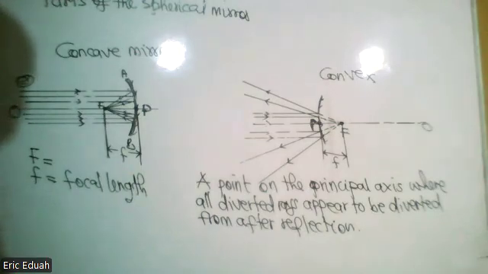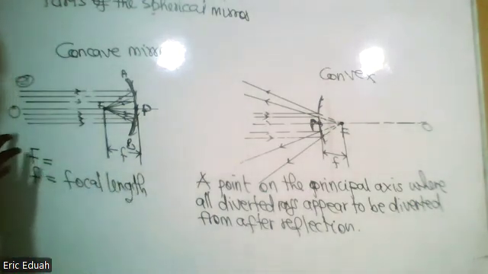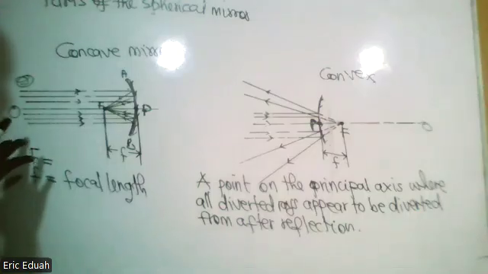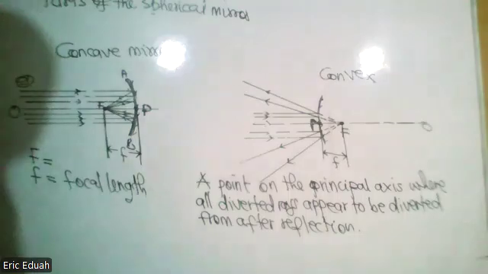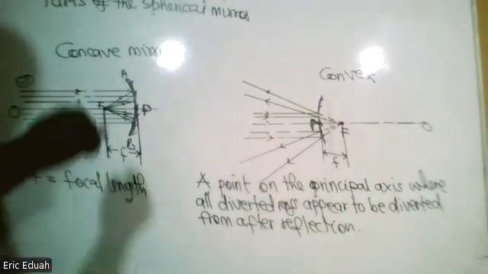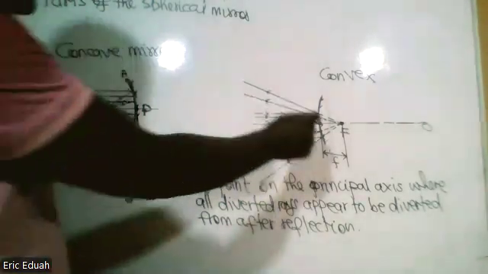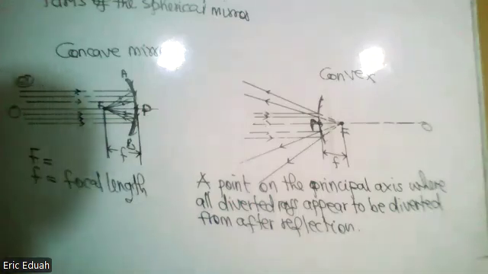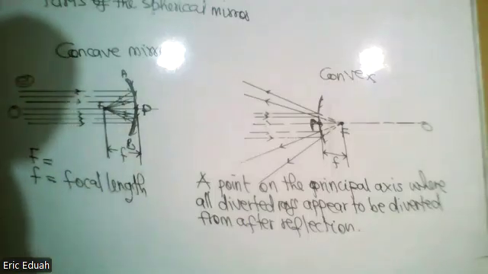All point images formed in front of the mirror are real. All point images formed behind the mirror are virtual. Okay, so the principal focus of a concave mirror is real, whereas the principal focus of a convex mirror is virtual. Please, any question?